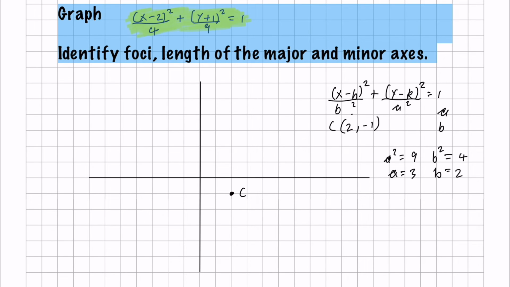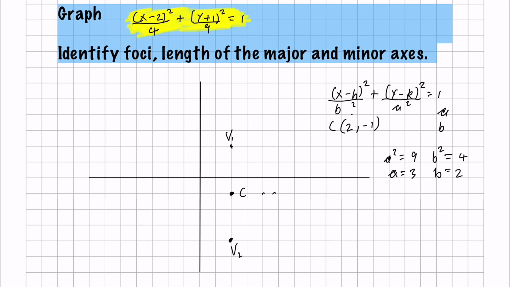So we go up 3, 1, 2, 3. This is our first vertex, vertex 1. And we go down 3, 1, 2, 3, and this will be vertex 2. Then we go left and right 2, 1, 2.